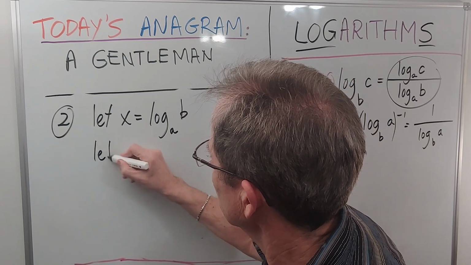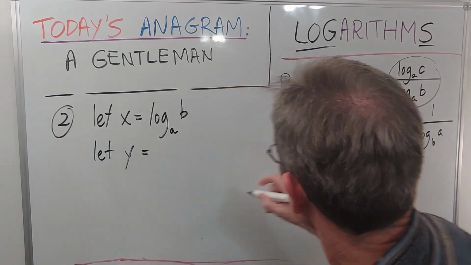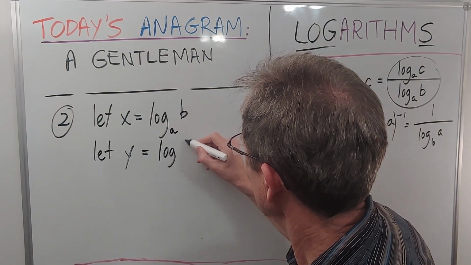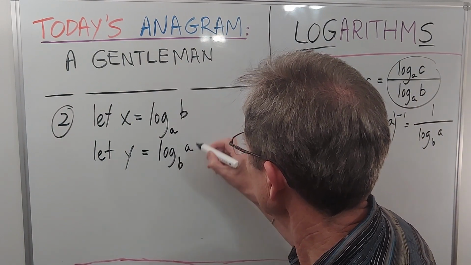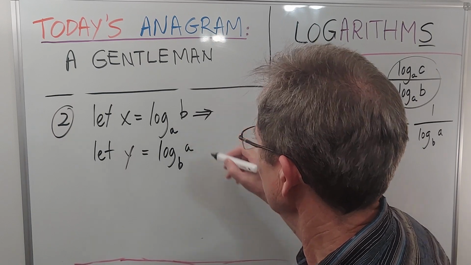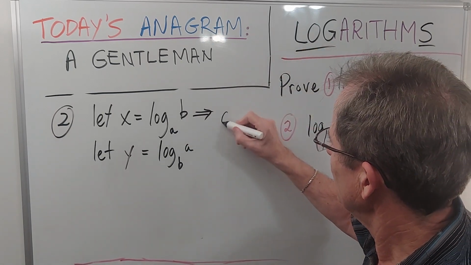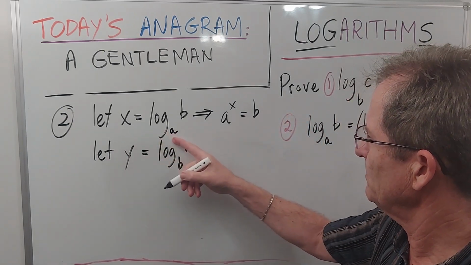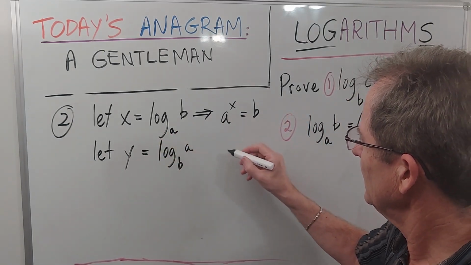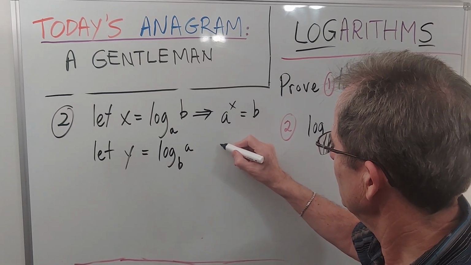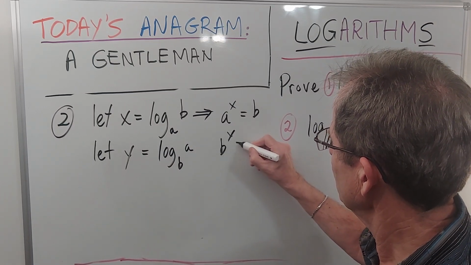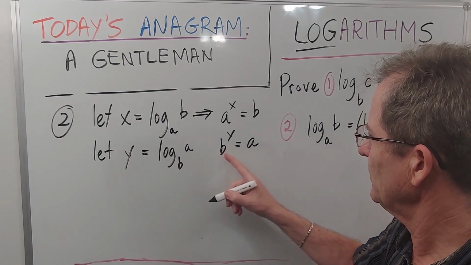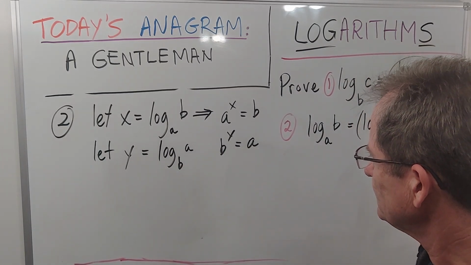And let y be the other log, log of a to the base b. So this implies that a to the x equals b, because x is the exponent to which the base must be raised to give that number. And this implies that b to the y equals a, because y is the exponent to which the base must be raised to give that number.